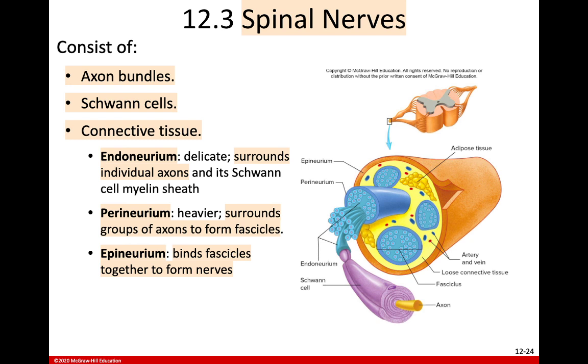So when we look at the organization of a spinal nerve, we're going to see that it's very similar to the organization of a skeletal muscle. Remember that muscle tissue and nerve tissue are two very specialized kinds of tissues in our body. Muscle tissue is specialized for contraction.